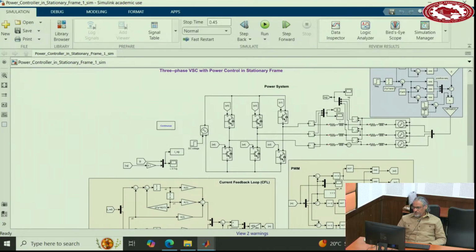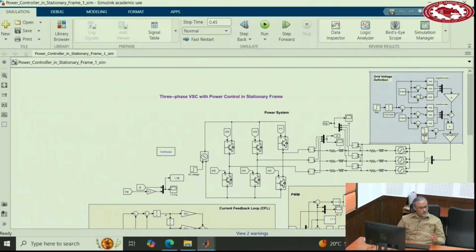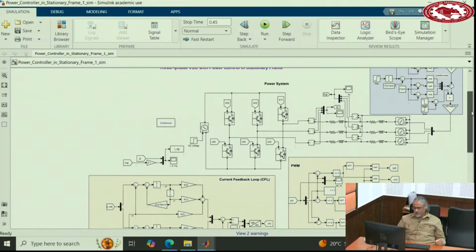On the AC side, we have a three-phase filter, and this is the point of connection. And then we have an impedance that models the grid impedance, and this three-phase voltage really models the voltage behind the impedances. These are controllable voltage sources, and you program them how you want the voltages to change, if you want to apply harmonics or negative sequence or faults. All those things you can program here. Make it unbalanced, balanced, and so on.